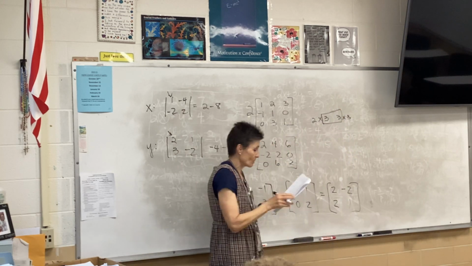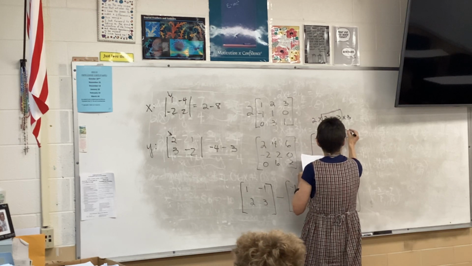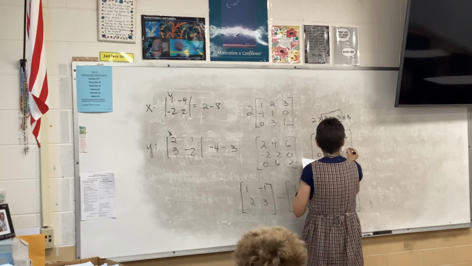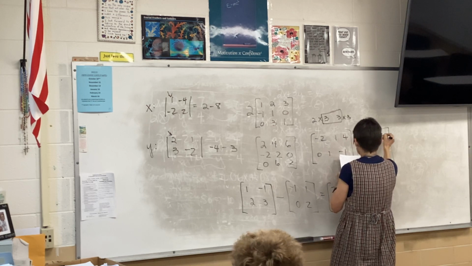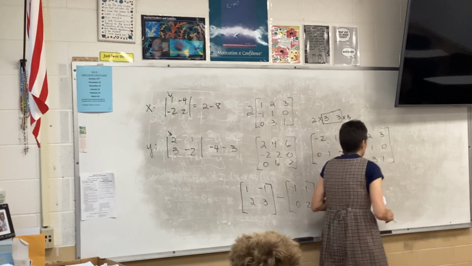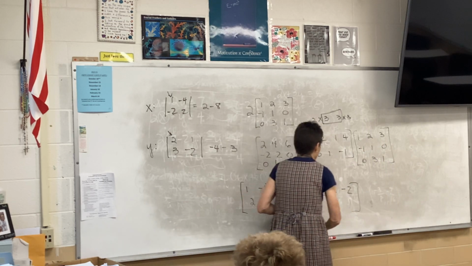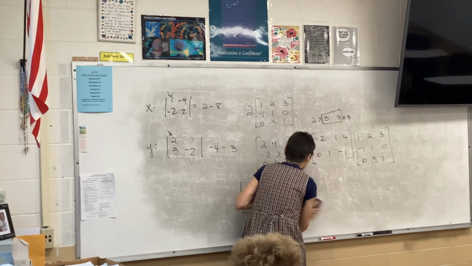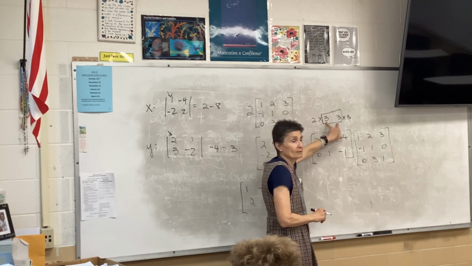So I'm going to have to write it all out. So here I go. So negative 2, 1, 4, 0, 1, negative 1. Now, I figured out that I could multiply them by making sure that these 2 dimensions matched.